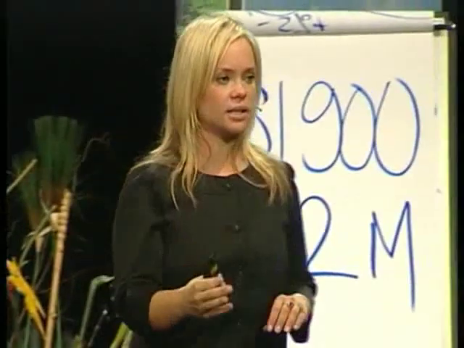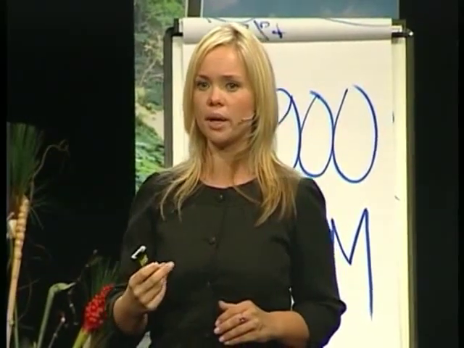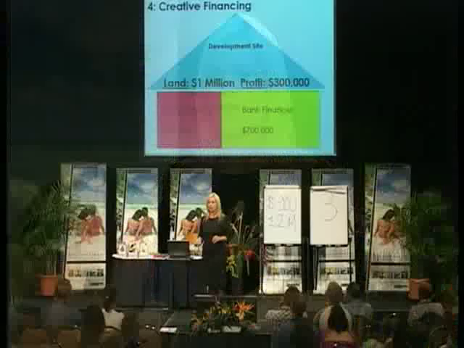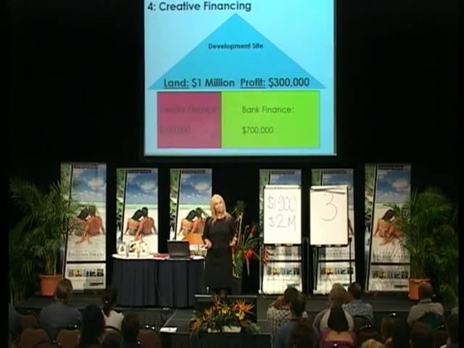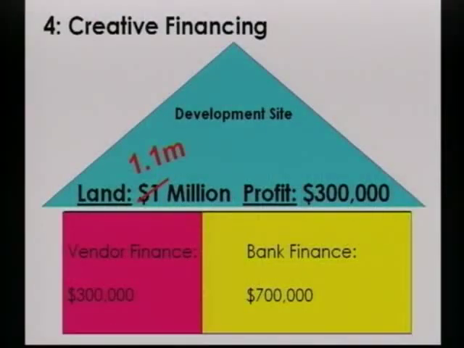Jamie spoke about this briefly yesterday. What have we said to the vendor, the guy selling you the property? Look, I would like you to give me $300,000 so I can buy this property off you. Do you reckon he's going to say yes? Maybe not. What have you said to him? But I'll pay you $1.1 million instead of $1 million.